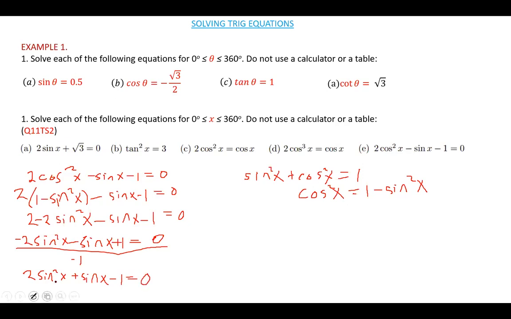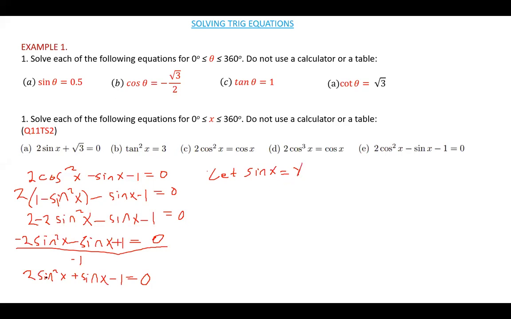So once I have this, if you look at this properly, it's in the form of a quadratic equation. Now, for me to simplify my work, I'm going to equate sine x to a certain variable. I'm going to say let sine x be equal to y.